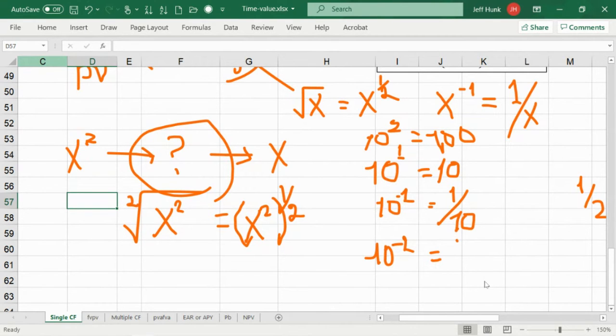Anything raised to a negative number is a reciprocal. So what should this be? Hannah, can you tell me what this is? 10 raised to -2? Are you there, Hannah?